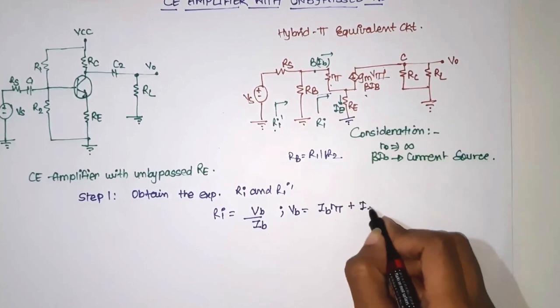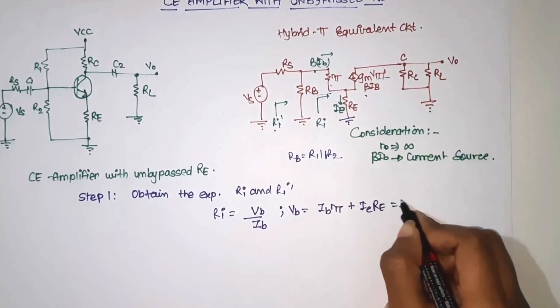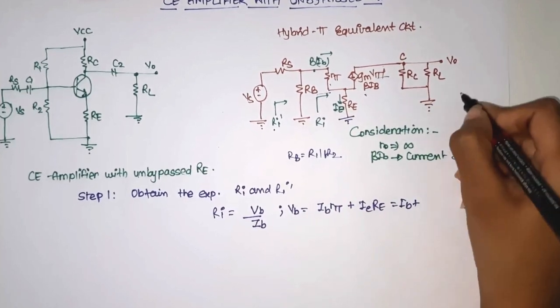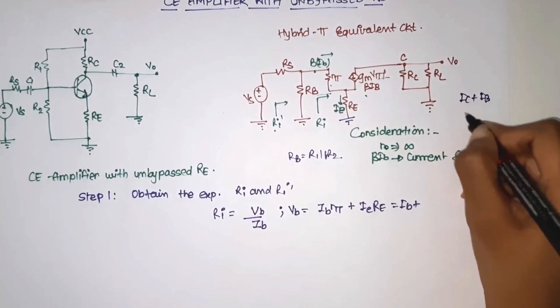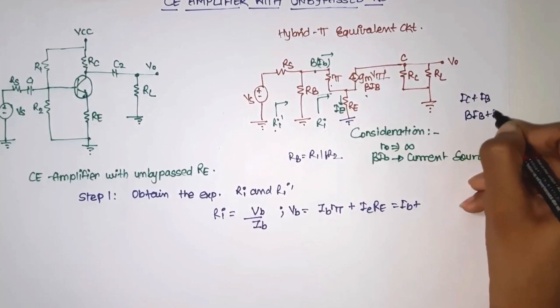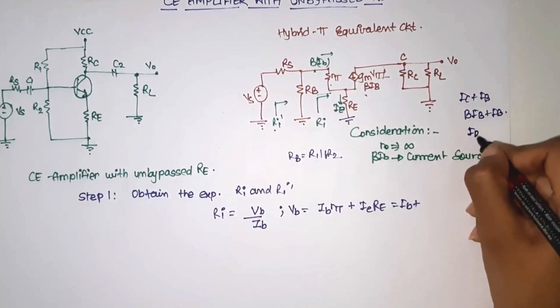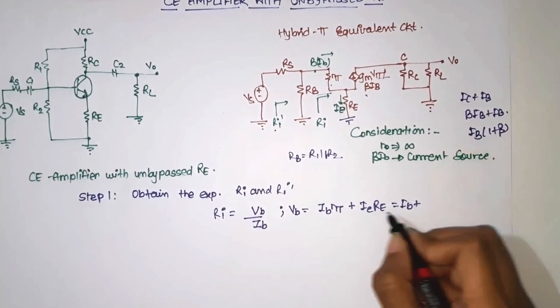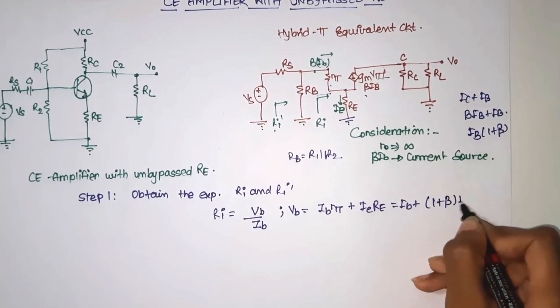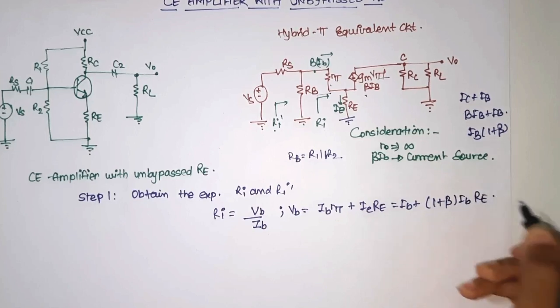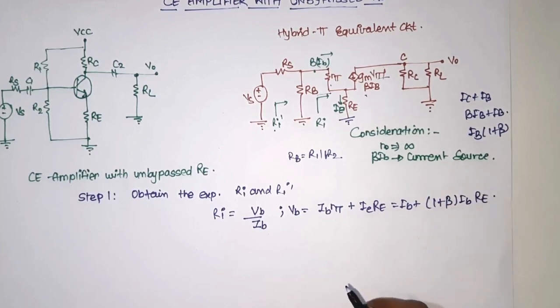So IE times RE, where IE is IC plus IB, and IC is beta times IB plus IB, so this becomes IB times 1 plus beta. I'll substitute 1 plus beta times IB into RE. This is the value that we get for VB.